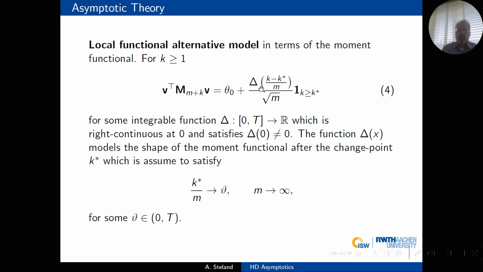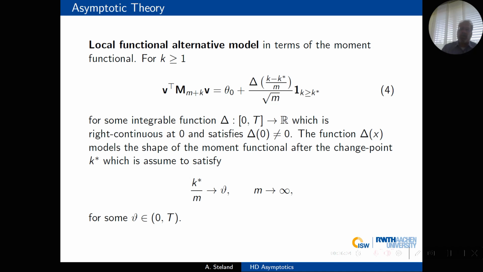So we model the local functional alternatives in terms of our moment functional which we monitor. And delta must be an integrable function, right continuous at 0, and at 0 it is not equal to 0, so that there's really a jump, a change point at the location k star.